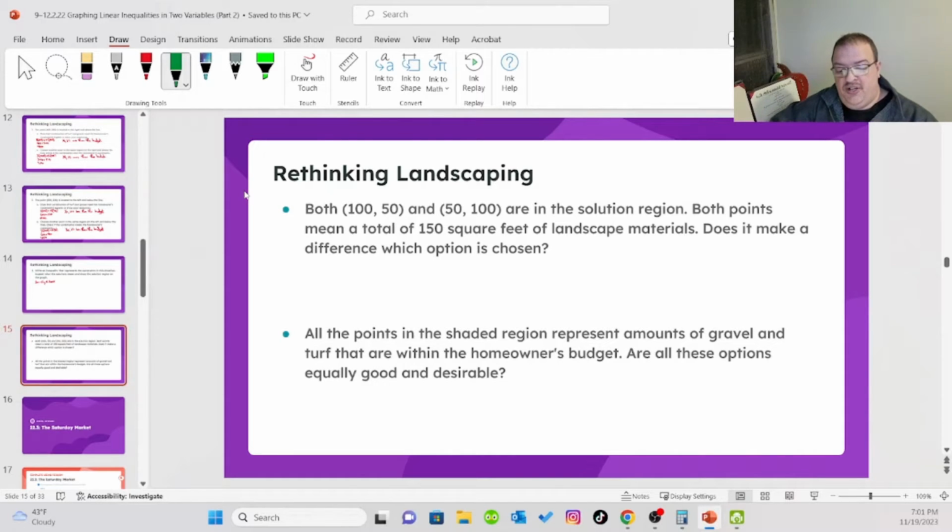Both 150 and 50/100 are in the solution region. Both points mean a total of 150 square feet of landscape materials.